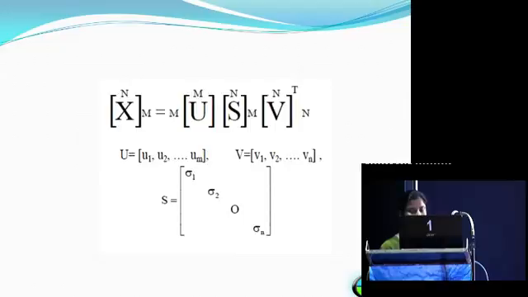If you have an m by n image, U consists of the left singular vectors, V is the right singular vectors, and S is a diagonal matrix which has the singular values as the element values.